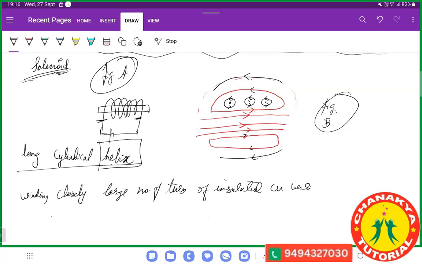So what I was explaining, about this. As you can see in figure A, when we are passing a current here, this will start behaving as a magnet. So when it behaves as a magnet, obviously it will produce a magnetic field, right? If we place something near it, it will get attracted or repelled, something will happen, depending upon the particles it has, attractive or repulsive, charged particles, whatever.